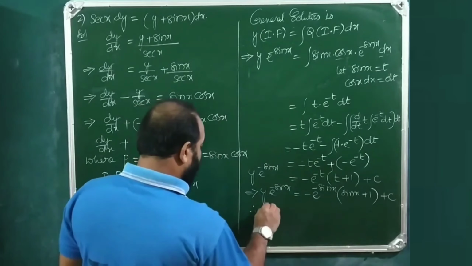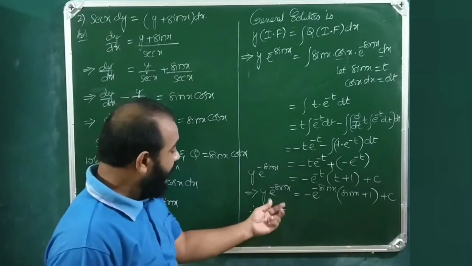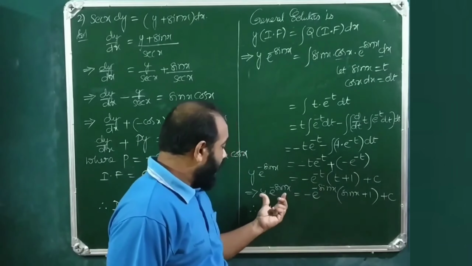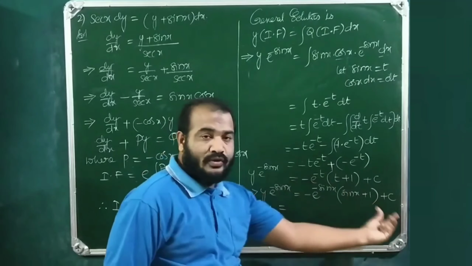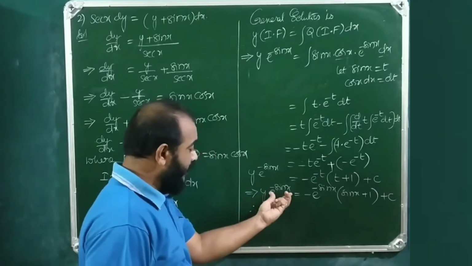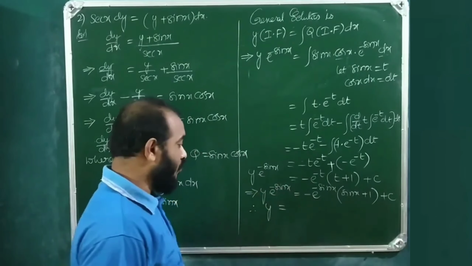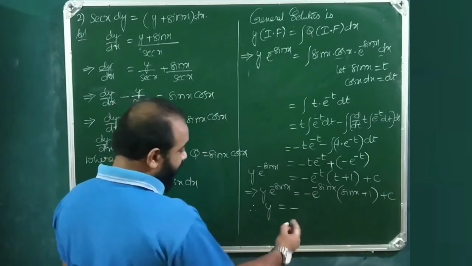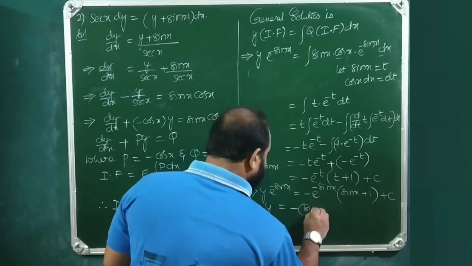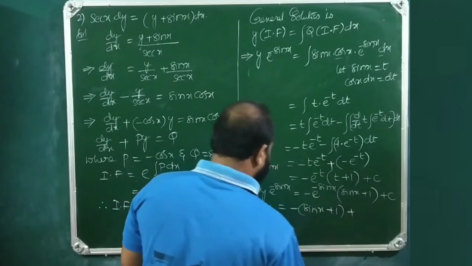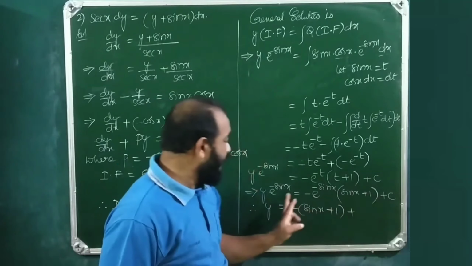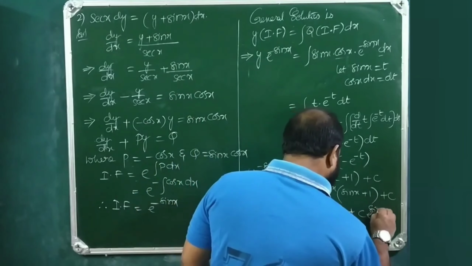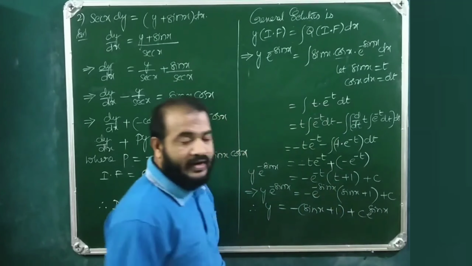Therefore, dividing both sides by e power minus sin x, e power minus sin x by e power minus sin x is 1, and minus e power minus sin x by e power minus sin x gets cancelled. So y is equal to minus (sin x plus 1) plus c into e power sin x, which is the required solution.